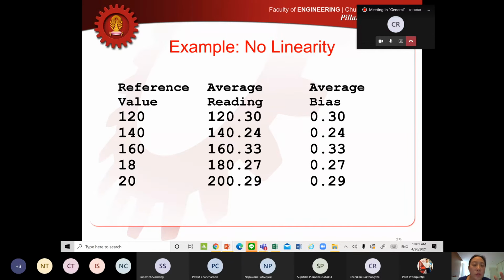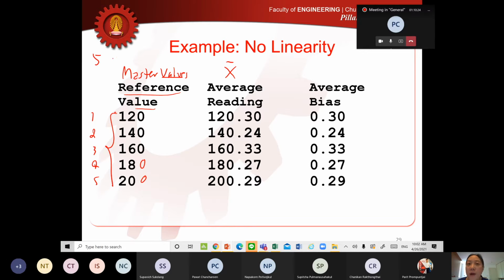So what we do is we take the data from different reference values, and we calculate X bar for each reference value, or what we call the master value, right? So we will have 1, 2, 3, 4, 5.